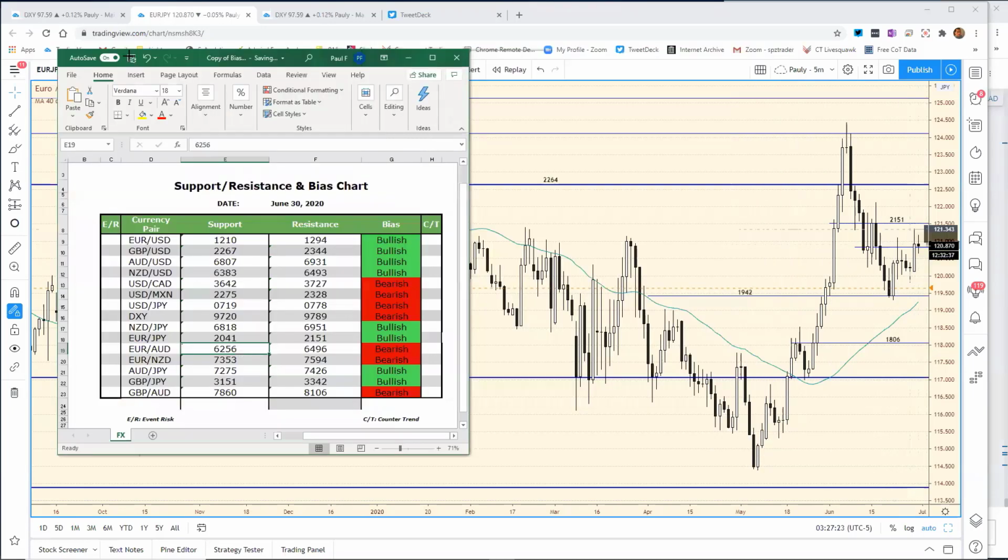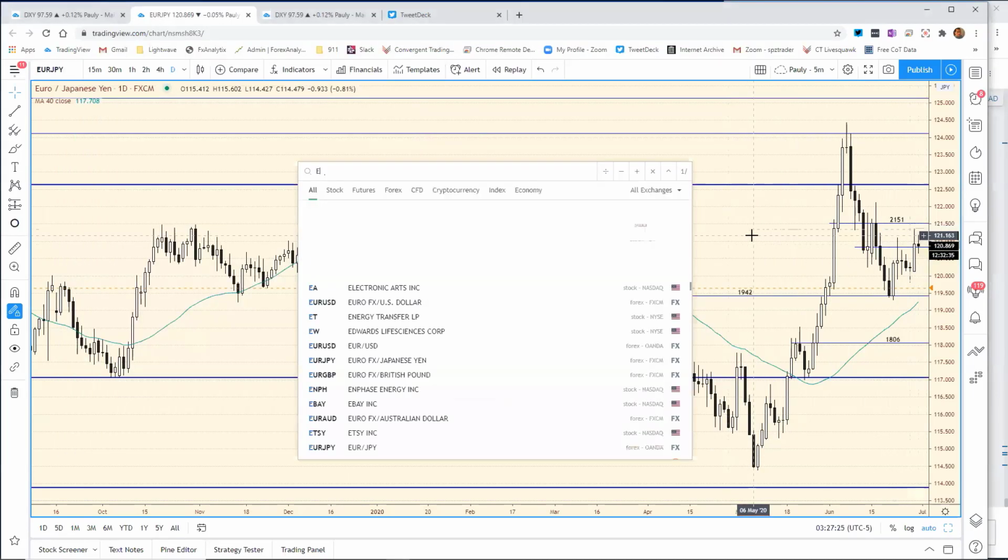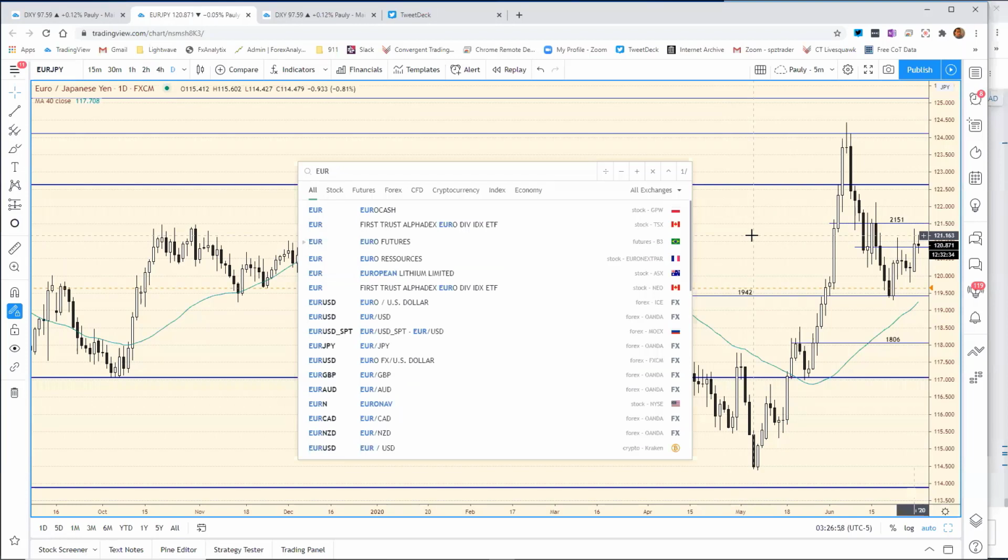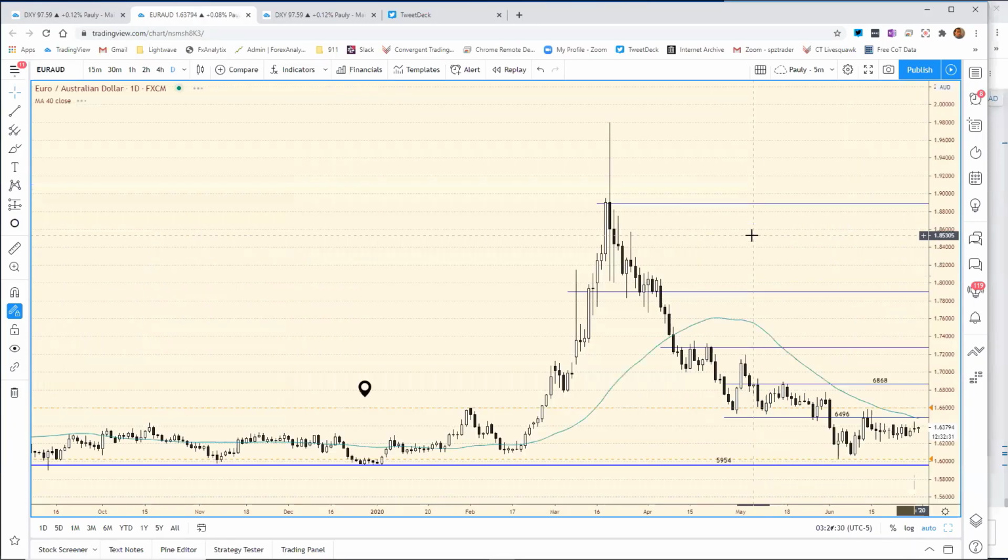And move on to the euro odd. Oh, we are not going anywhere with this.